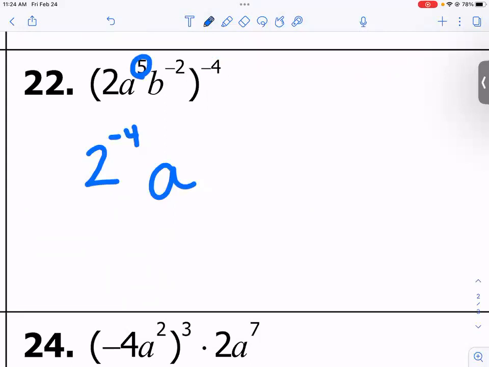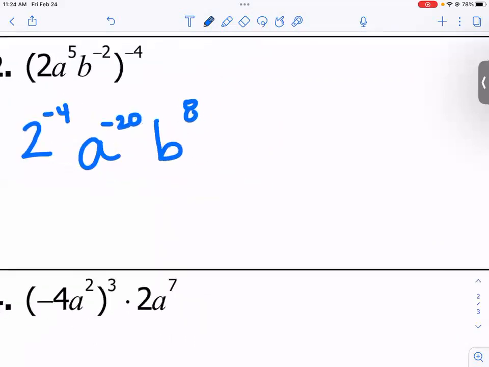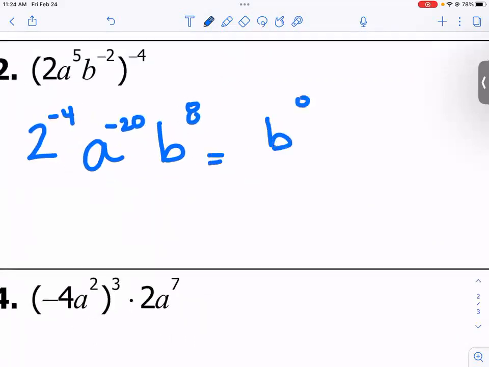So we get a to the -20th. And then we get b. Ooh, what happens to b? It's a +8. Okay. So b to the 8th gets to stay in the numerator. But then 2 to the 4th and a to the 20th needs to come downstairs.